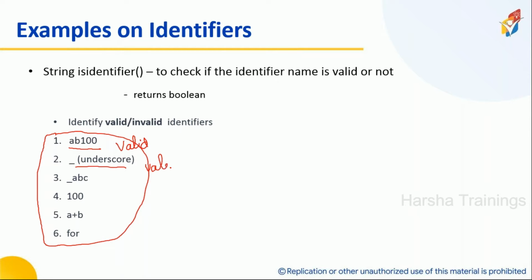Valid. Next one is not valid. Here I used special symbols, so it is also not valid. Now, for can be called a keyword, so it is also not considered valid.